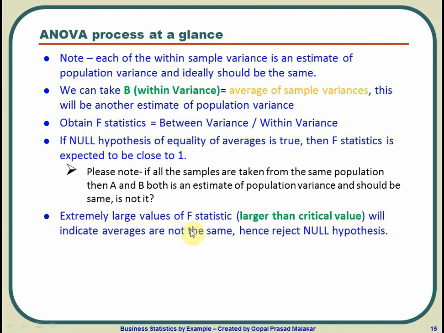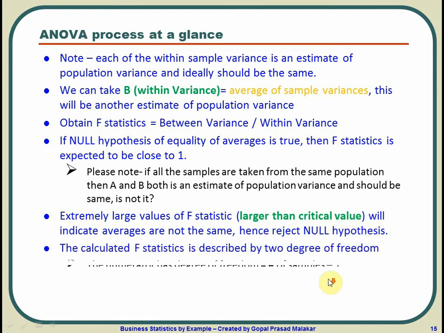How do you know which particular F statistic value is large? That has to be defined by the critical value, and the critical value is given by 2 degrees of freedom. The numerator, which is the between variance, has degrees of freedom equal to the number of samples minus 1, or number of groups minus 1. So if you have 4 groups, the degrees of freedom of the numerator will be 3.